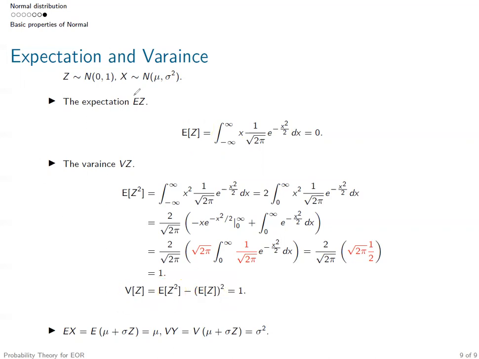By the definition of expectation and making use of the law of the unconscious statistician, the expectation of Z to the power 2 is the Riemann integral of small x to the power 2 multiplied by the density function, from negative infinity to positive infinity.